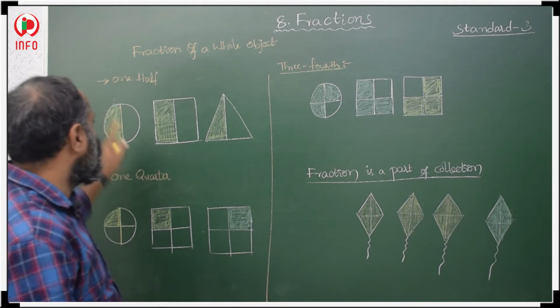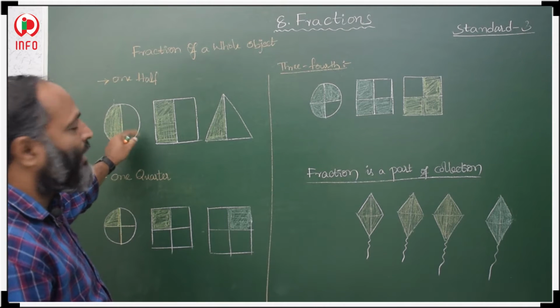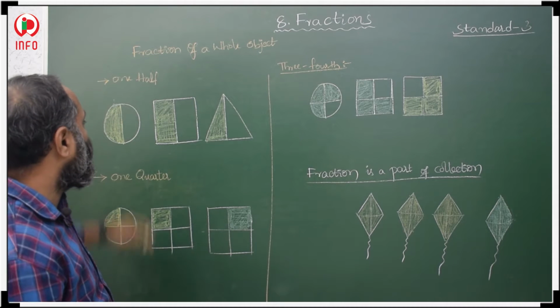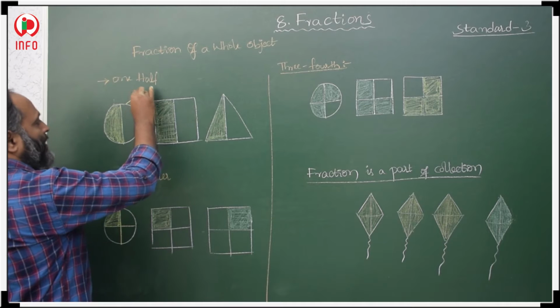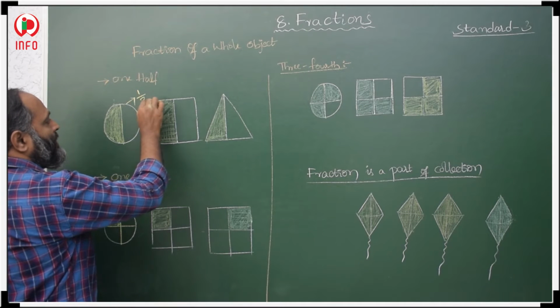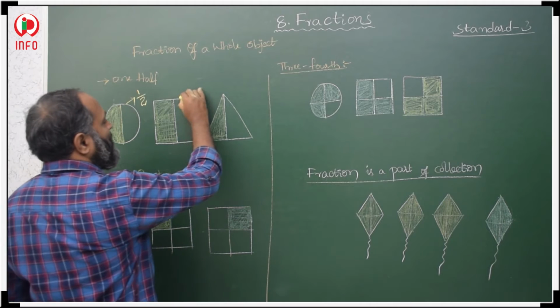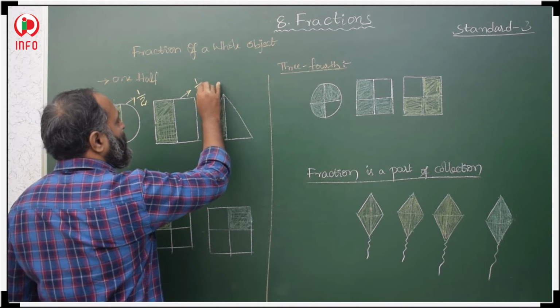In this circle, how many equal parts are there in total? Total 2 equal parts. In that, one part is shaded. Then how to represent the shaded part? By shaded parts over total parts, 1/2. Here in this square, we divided into 2 parts. One part is shaded, that is 1/2.